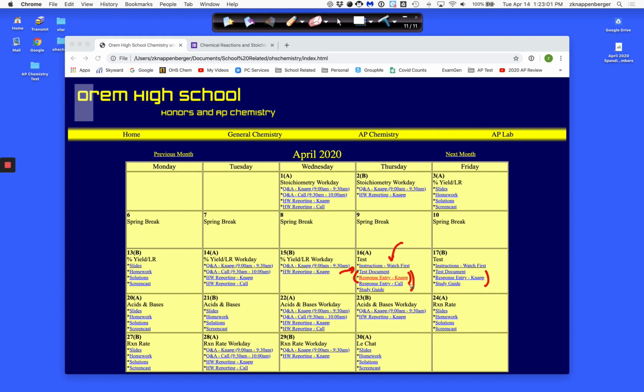Normally when we take tests in class, it's the length of the class period. That does not need to be the case. Obviously, there's no way for us to monitor that. So the time limit is simply given by when you choose to start the test and midnight of the day that it's due for you. So you're welcome to use as much time as you like.